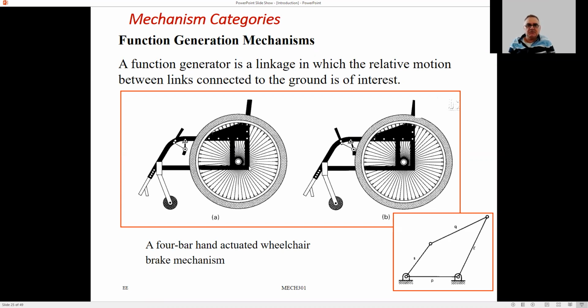Therefore, the wheelchair is free to move. But when you push this hand lock, this mechanism comes to the following position, and then the brake engages with the wheel, and the wheel does not move. So it is basically a 4-bar mechanism.